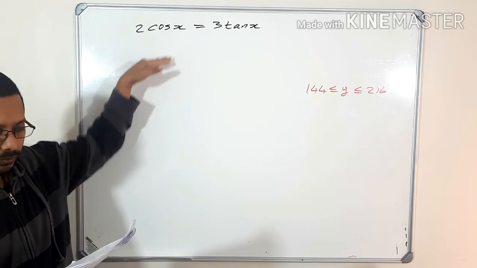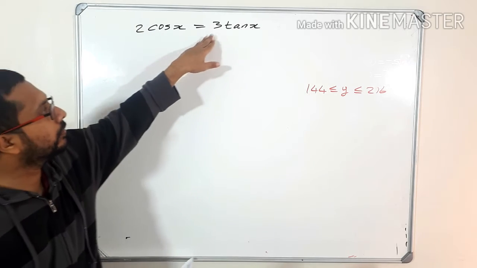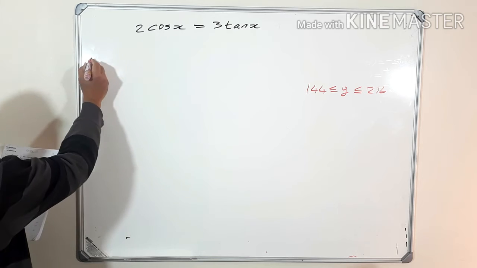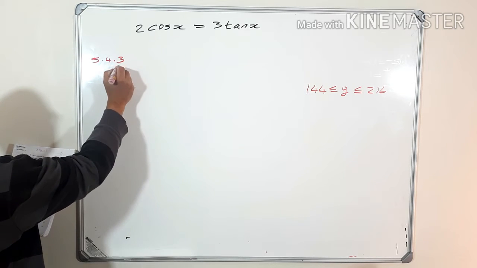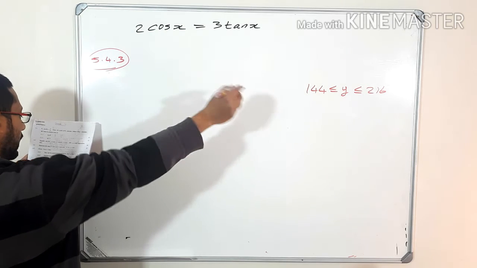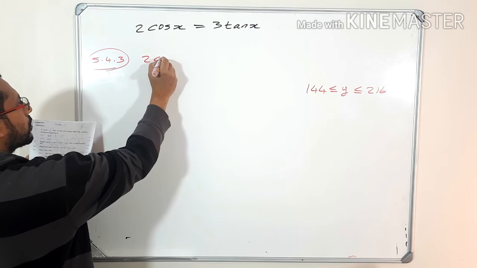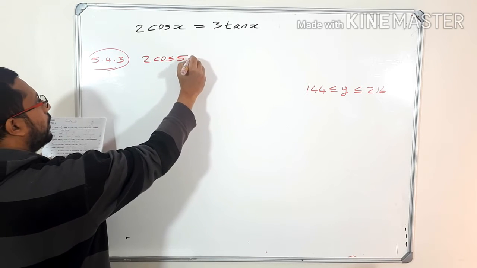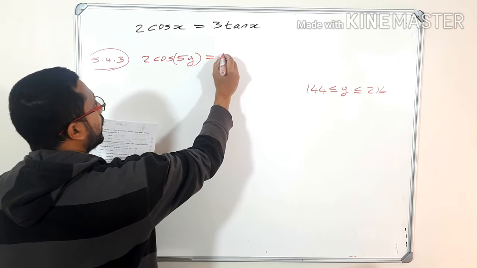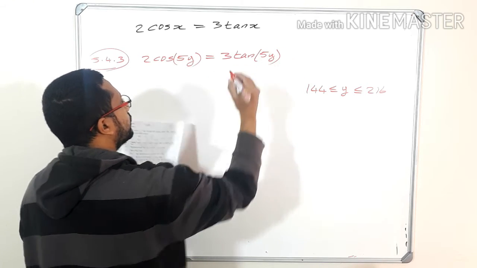So what is this y in our question? This is a continuation of the same question. In our question we know that 2 cos x is equal to 3 tan x. What is that question 5.4.3? Hence determine two values of y in that interval that are solutions of 2 cos 5y is equal to 3 tan 5y.